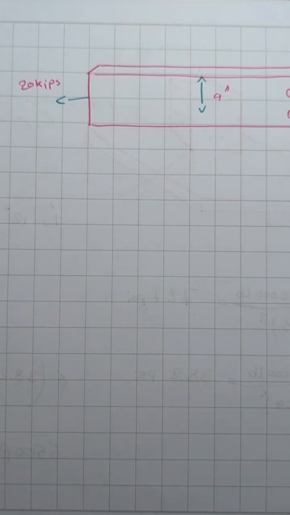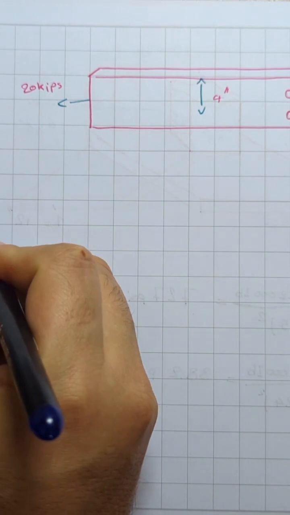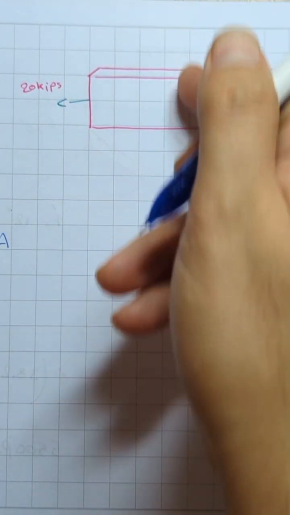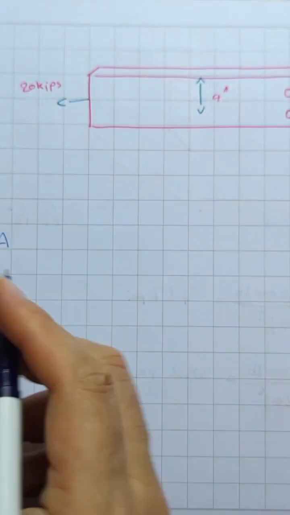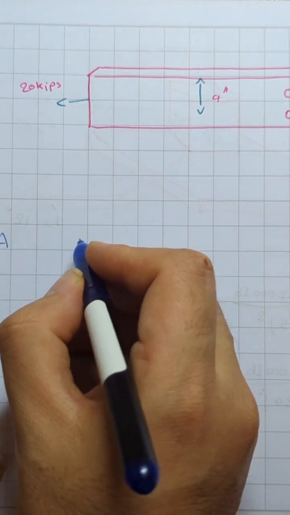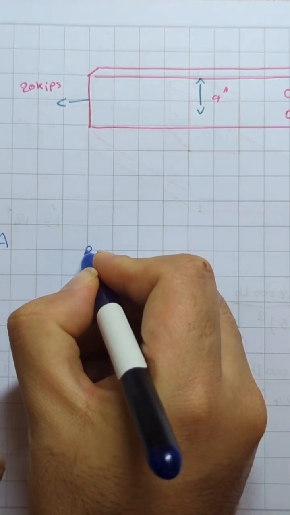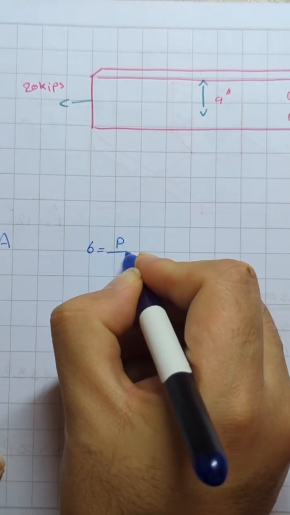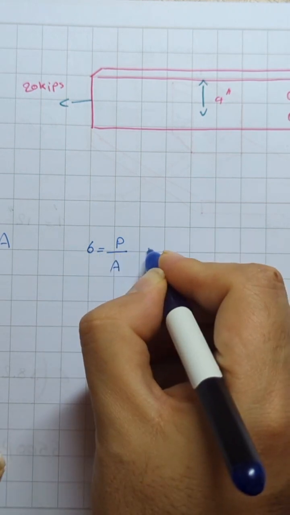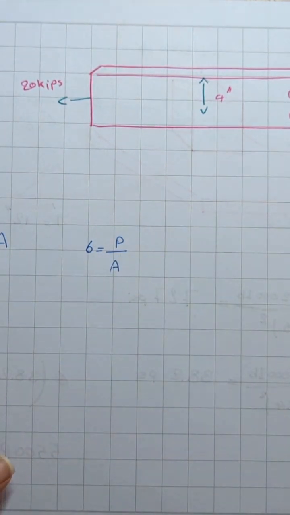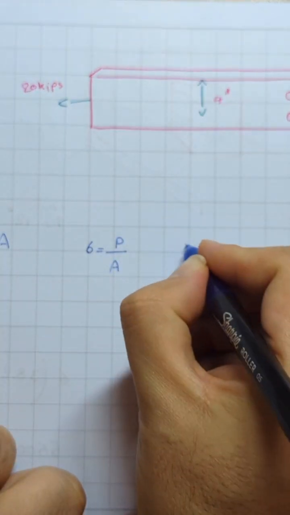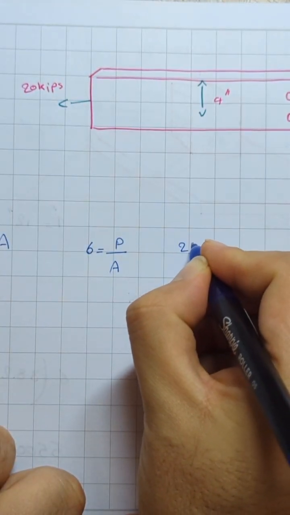So first we want to see how much is the stress if we do a cross section here. Sigma equals P over A. How much is our P? P is 20.